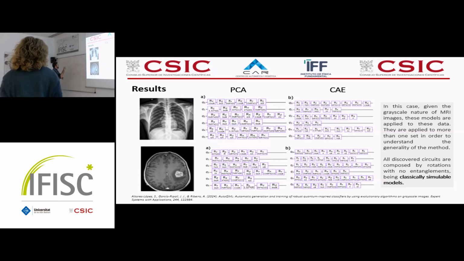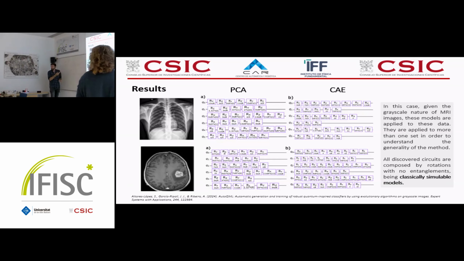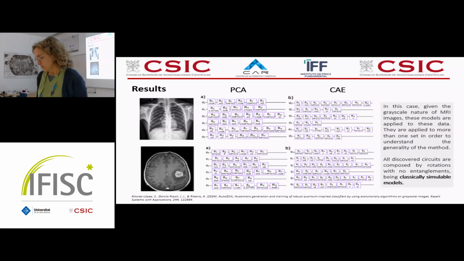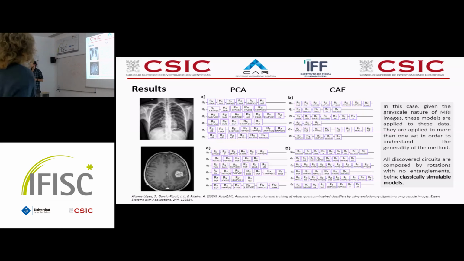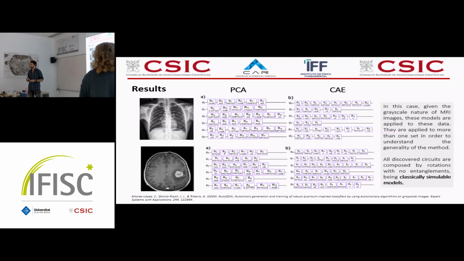So we are getting the first eigenvalues of the principal components with more variance and eliminating the last ones.